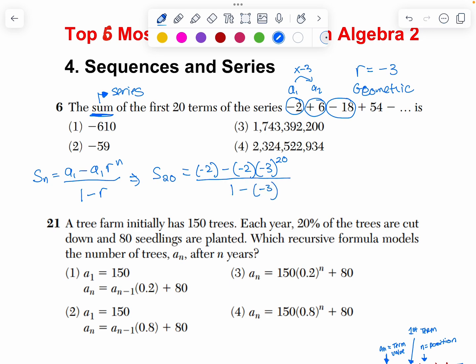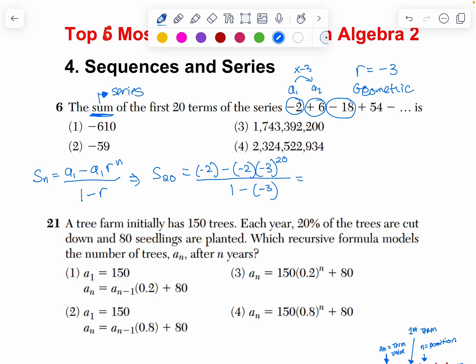Now you'll notice since both of these are negative values, I am using parentheses to make sure I don't mess up those negatives. Okay, so putting in negative 2 minus parentheses negative 2 parentheses negative 3 to the 20th power, all in my numerator, and my denominator is 1 minus parentheses negative 3.